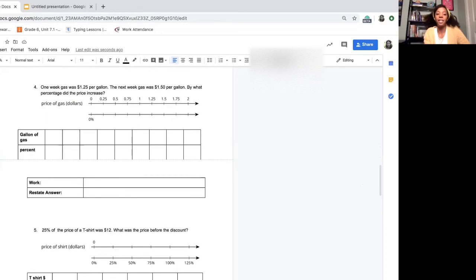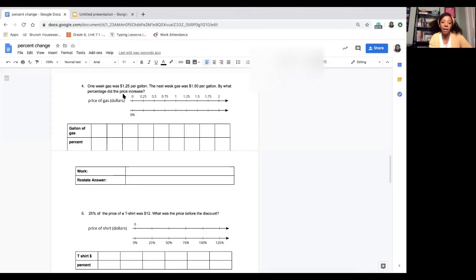Number 4 says, one week, gas was $1.25 per gallon. The next week, gas was $1.50 per gallon. By what percentage did the price increase? So we're going to highlight our quantities. Our quantities are $1.25 and $1.50.